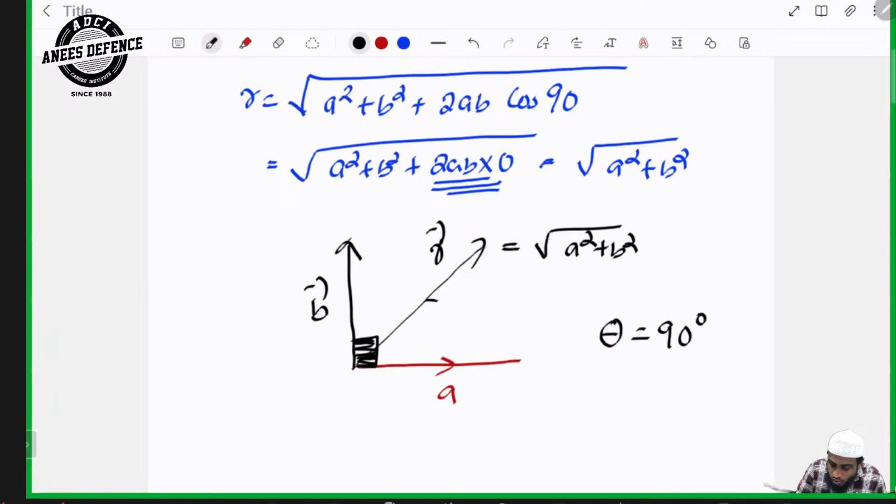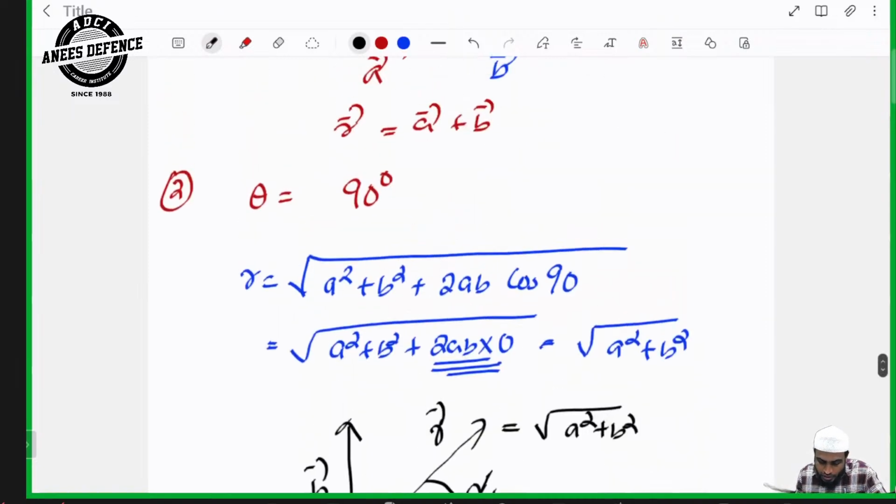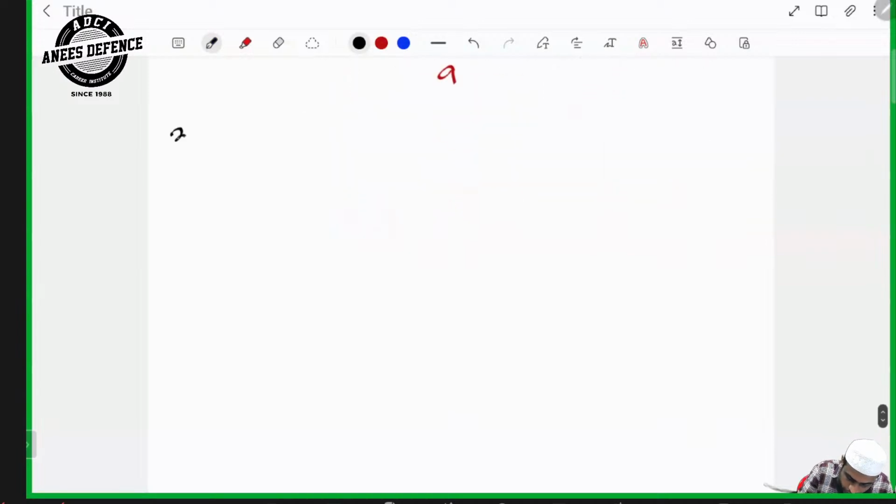But you don't know what is the angle between the resultant vector and one of the vectors. That we have to calculate. I will tell you. Another case. Third case. So theta equal to 0 degree, theta equal to 90 degree, theta equal to 180 degree.